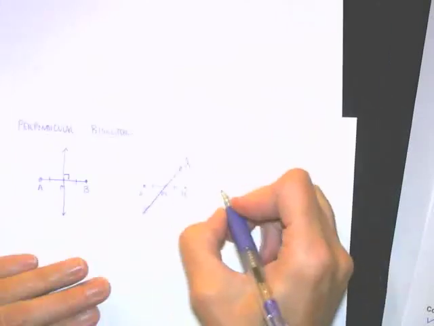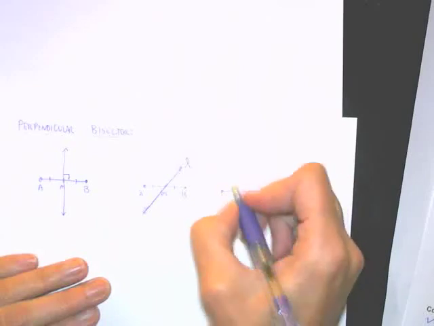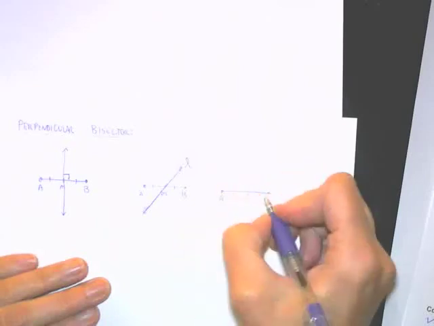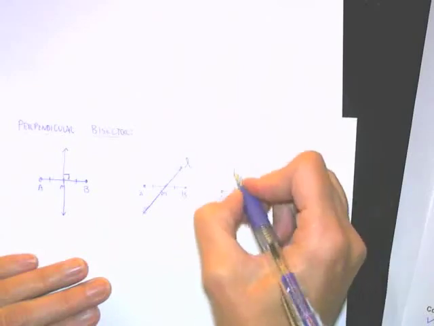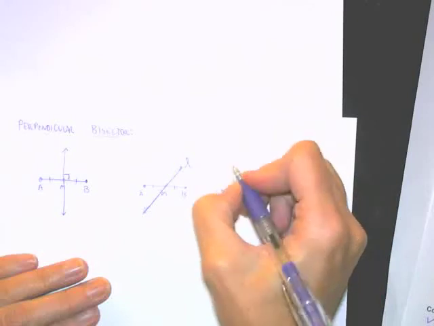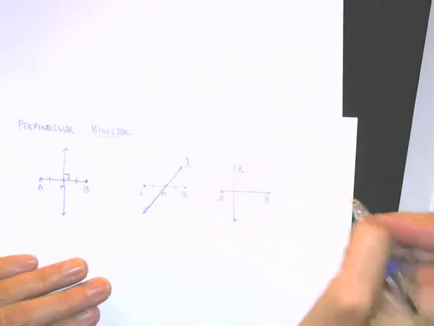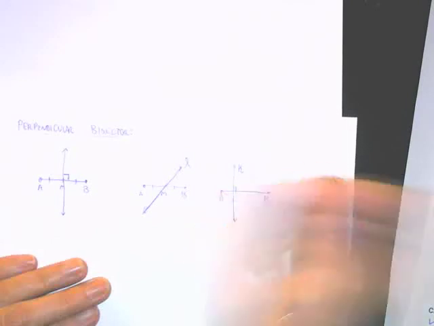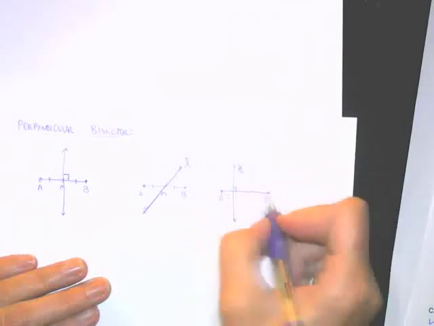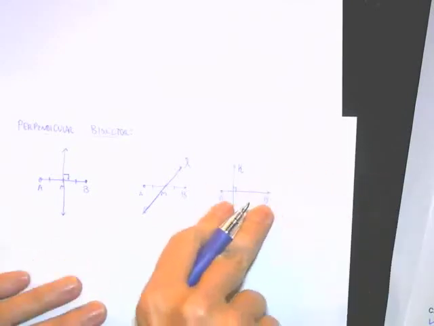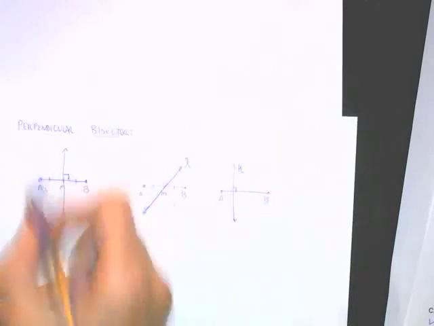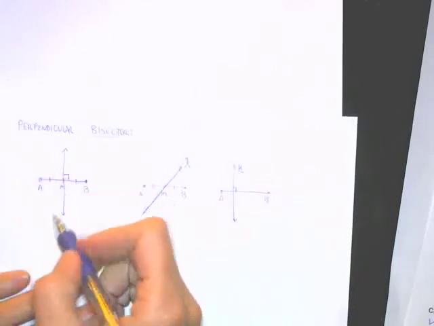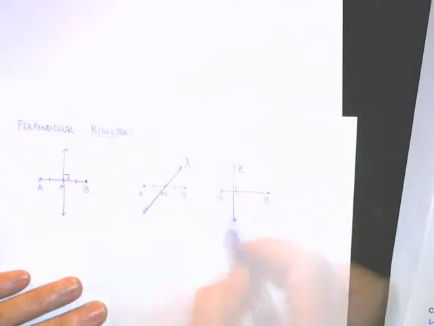I can also create another line. I'm going to call this one line K. Line K is perpendicular to segment AB, but it does not pass through the midpoint. It is not a bisector. Okay? So only this first line that we drew is a perpendicular bisector. This one is not perpendicular, and this one is not a bisector.